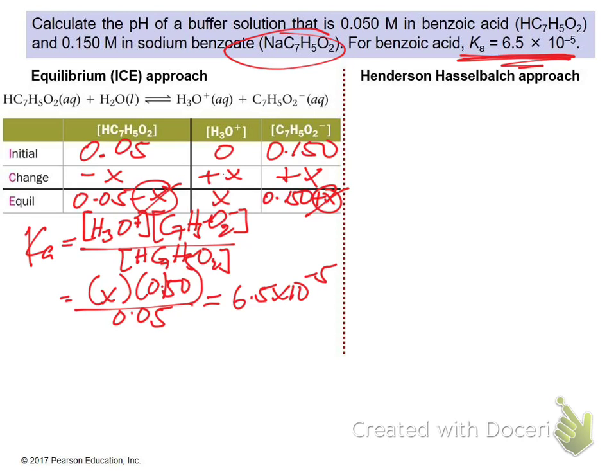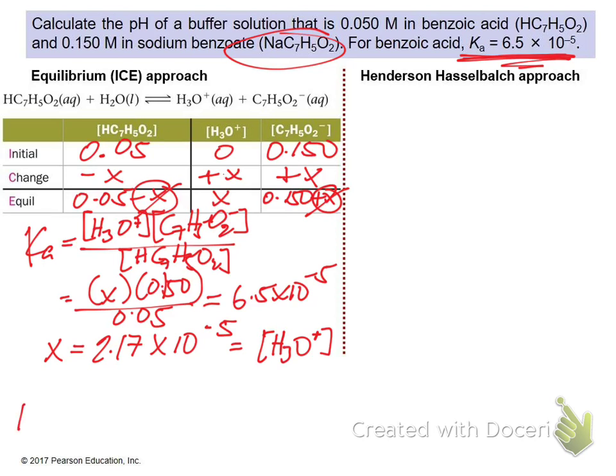You work the math out and isolate x by itself, and we get 2.17 times 10 to the negative 5. This is also equivalent to the concentration of H3O plus, in molarity.